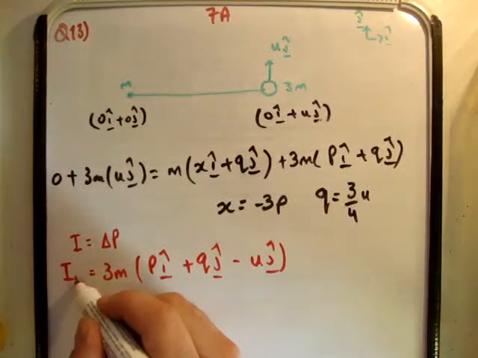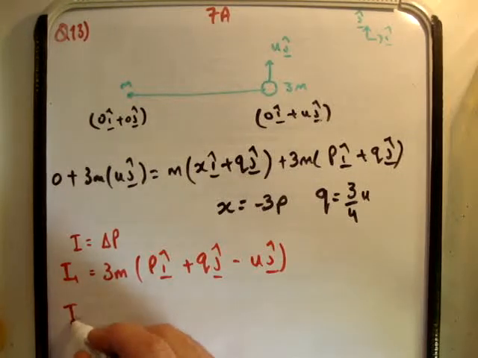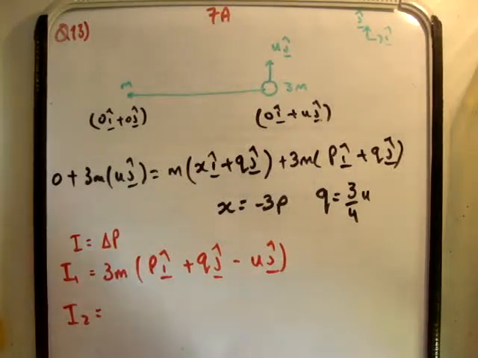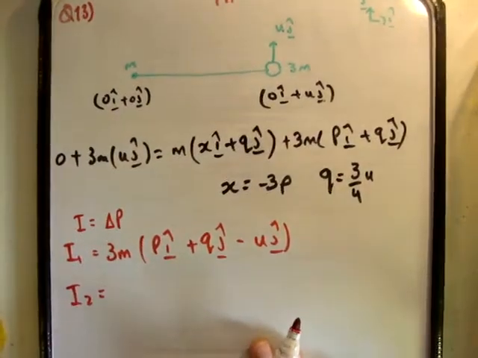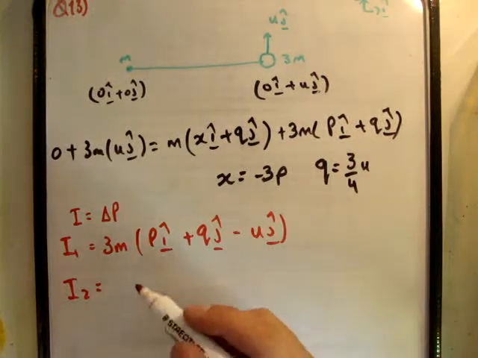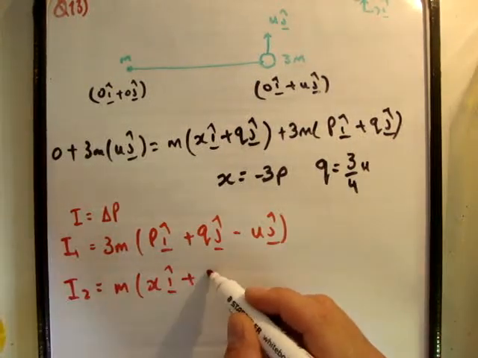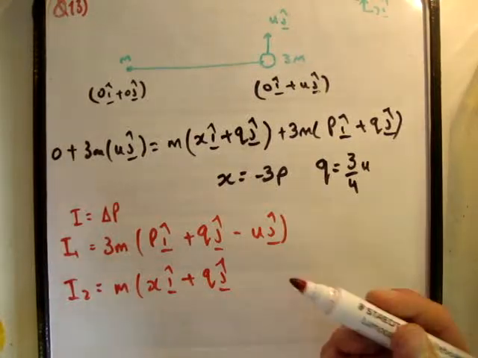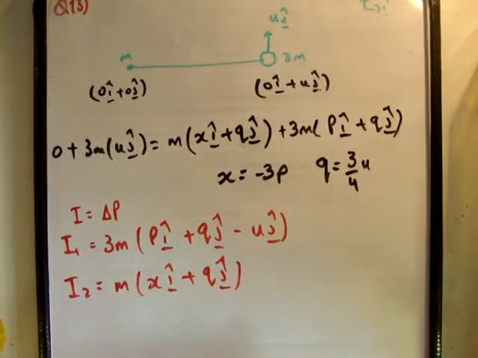I'm going to call that impulse number 1. Now I'm going to calculate the impulse imparted on the small mass, the small mass up here. So that's going to be m times (x i hat plus q j hat), and that's it. There's nothing to take away because the rest is 0. And I'm saying that the two of those must be equal.